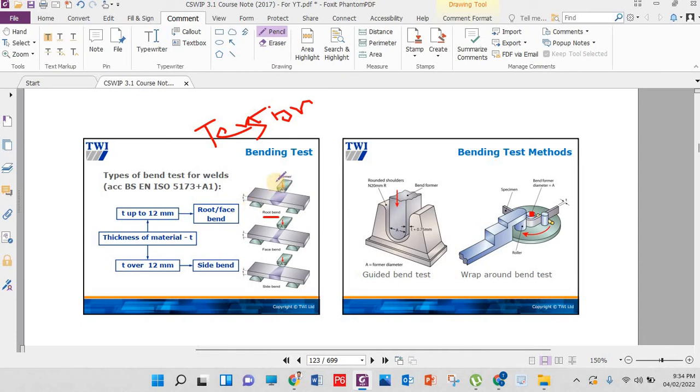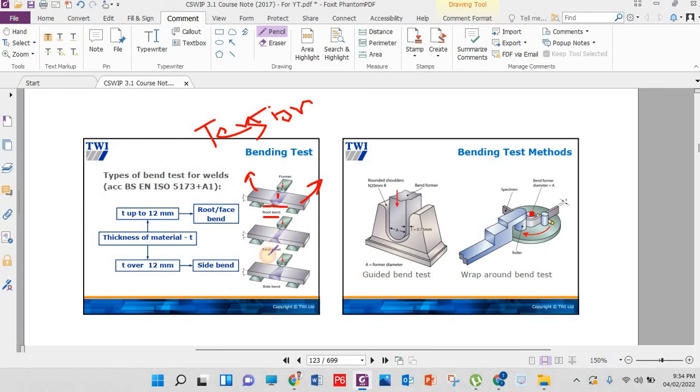Here you can see these are the two supports. Here is the former. When we push here, you can see this side is the face of the welding, okay? And the other is the root of the welding. This is root bend. Whatever the type, the root will be in tension, okay? The plate will be towards outside, then the root will be in tension.